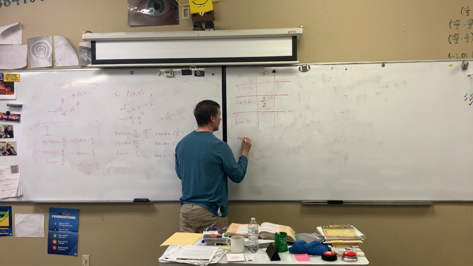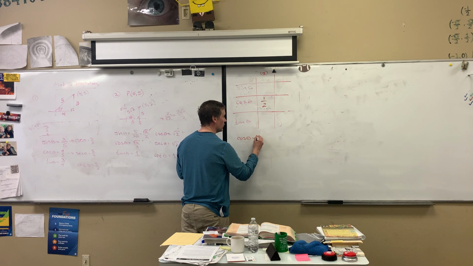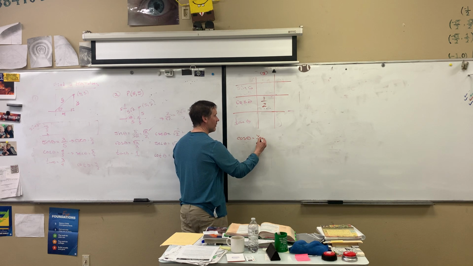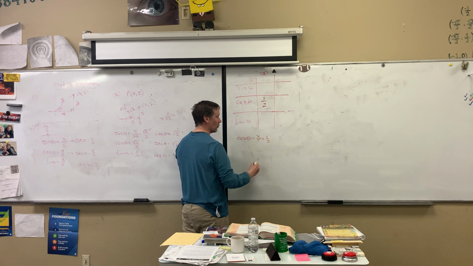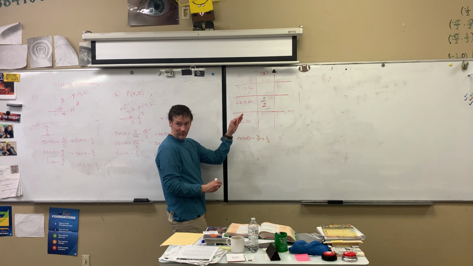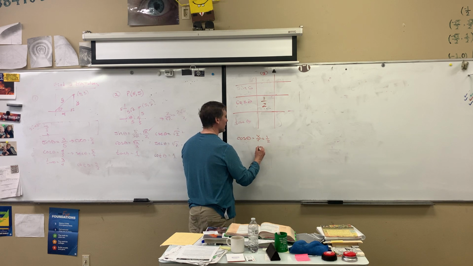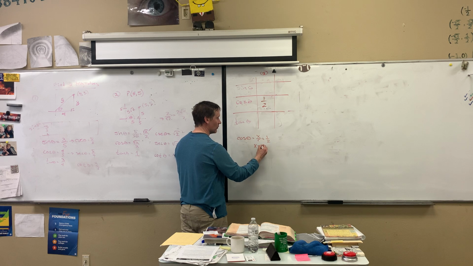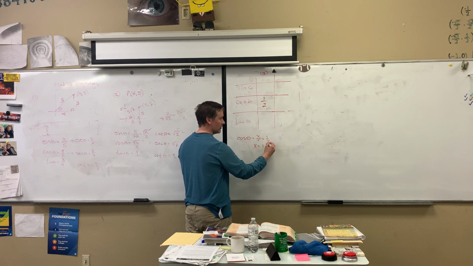Say, okay, cosine of theta is equal to x over r, right? And if we state that it is equal to 1/2, which it is in this problem, what do I know my x value is equal to? It's equal to 1. What is my r value equal to? 2.